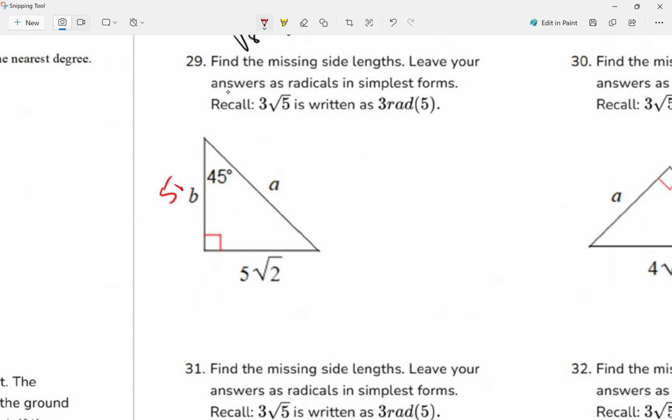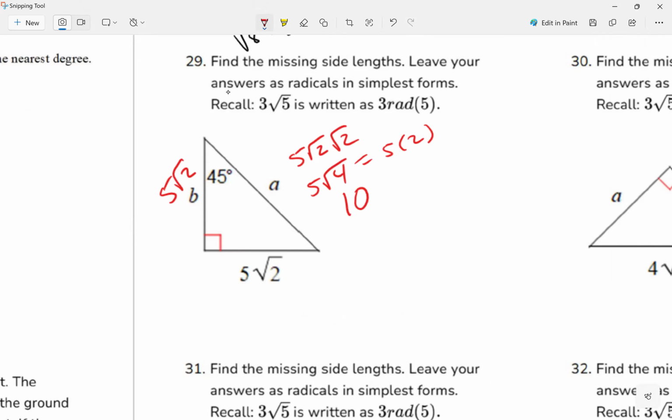So B will be 5 radical 2, because one side is 5 radical 2, the other one's 5 radical 2. That's simple, right? For the hypotenuse, it's 5 radical 2 times radical 2. Isn't that 5 radical 4, because I multiply my radicals, 2 times 2 is 4? But isn't the square root of 4 a whole number? Isn't that 2? So this is the same thing as 5 times 2, which is 10.